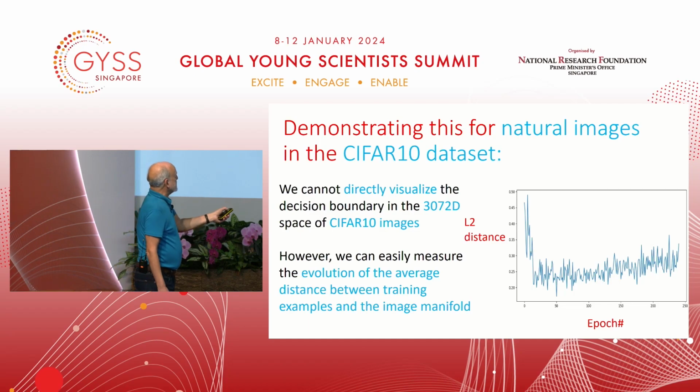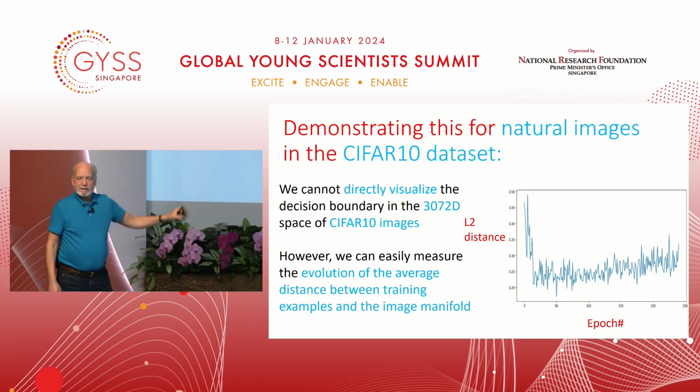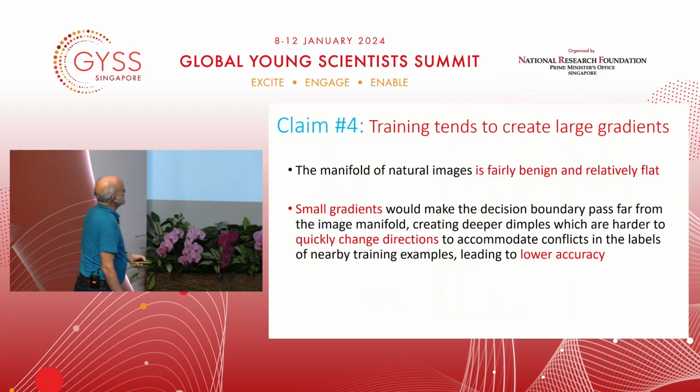So you see that the average distance between the decision boundary and the given examples rapidly drops. This is the point at which I almost reached the image manifold. And then it slowly increases because I'm building those bumps up and down, and that's exactly what I expected from the theory. Okay, I'll skip this.